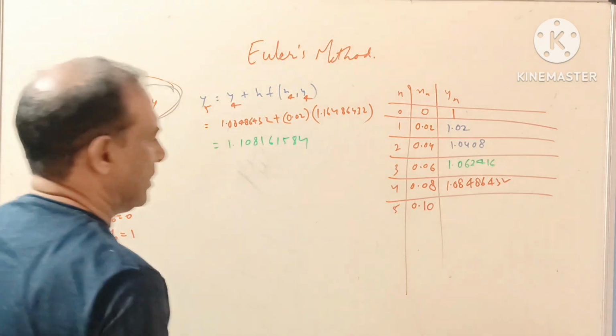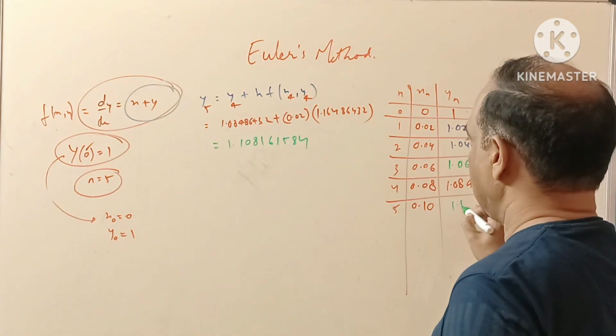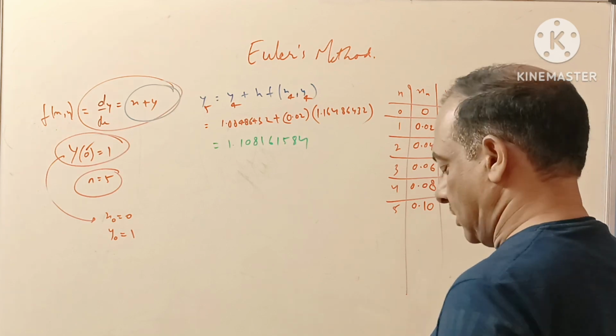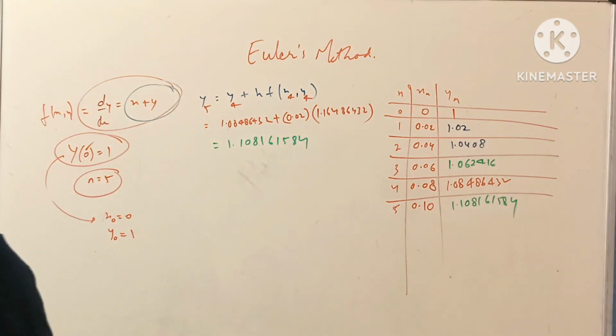This is the required answer for y5. This is the required value, and this is your required answer also.